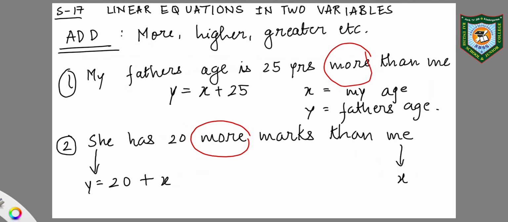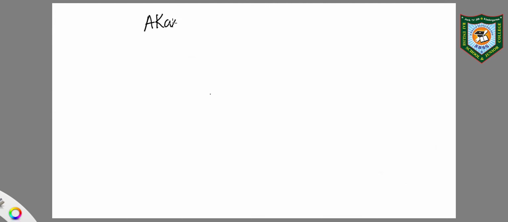And this is how we formulate equations for the word problems. Now, in our next term understanding, we are going to learn when to choose, or rather which value to choose as x, and should we add or should we subtract. So now let's say I have an example here that there are two friends. One is Akash and the other one is John.